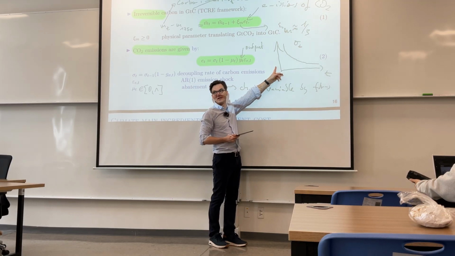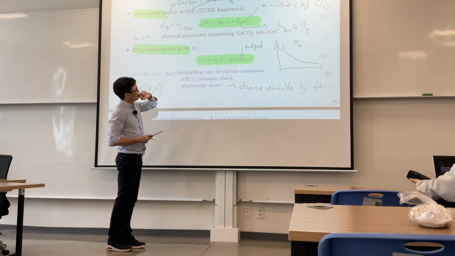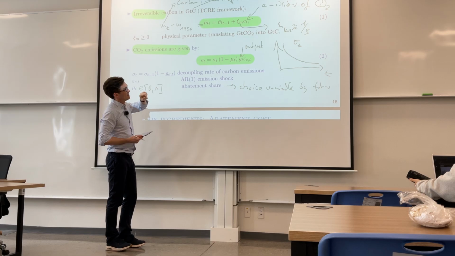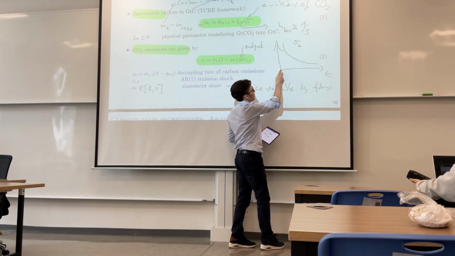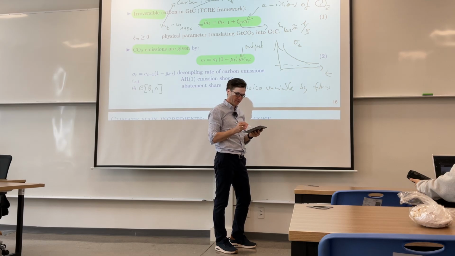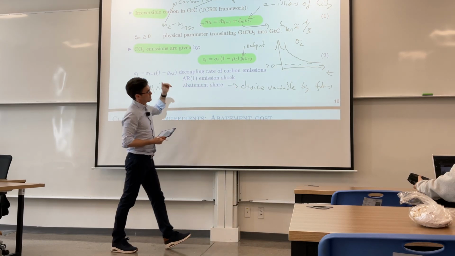Well, actually, does it go to 0? No, it's not going to 0. It's asymptoting to some finite lower bound level. So this is not 0. This is some level larger than 0, where sigma is going to asymptote.